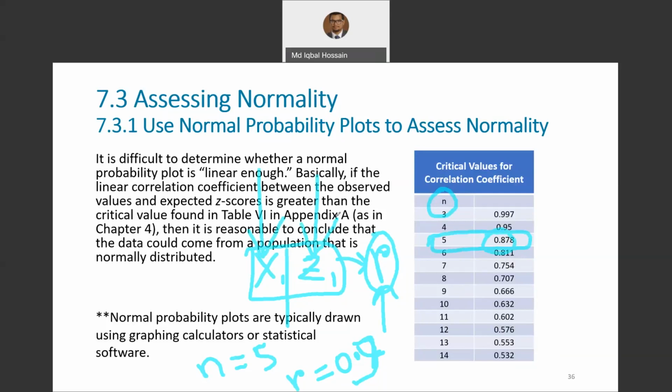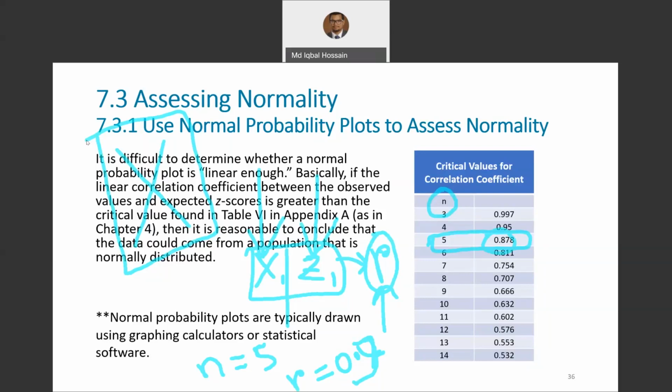What does it mean when this correlation is significant? X is a variable, and we are taking data from this variable. It indicates that this variable follows a normal distribution.